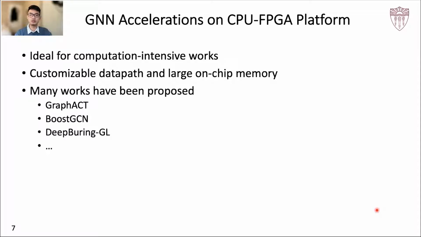Also, FPGAs support a customizable data path and have large on-chip memory. This feature can be utilized to deal with the poor data reuse and random memory access problem. So works like GraphAct, BoostGCN, and DeepLearningGL have been proposed to accelerate GNN training or inference.